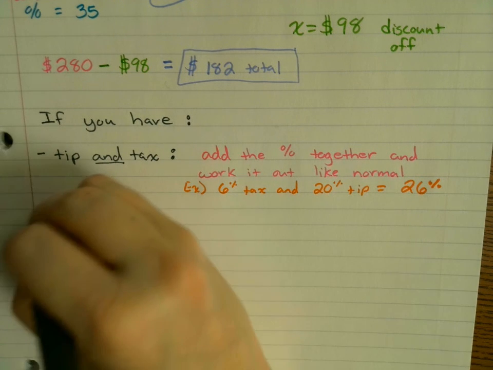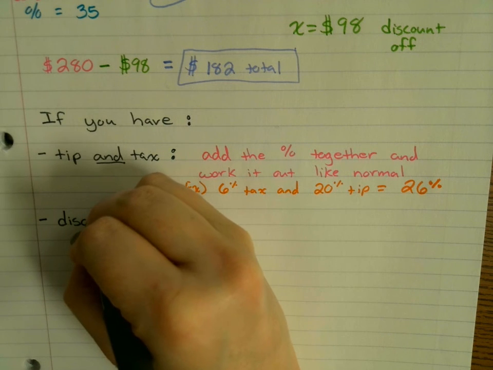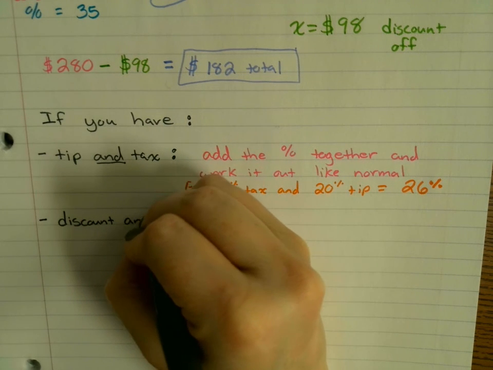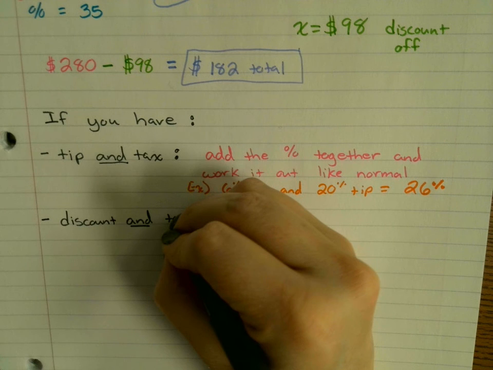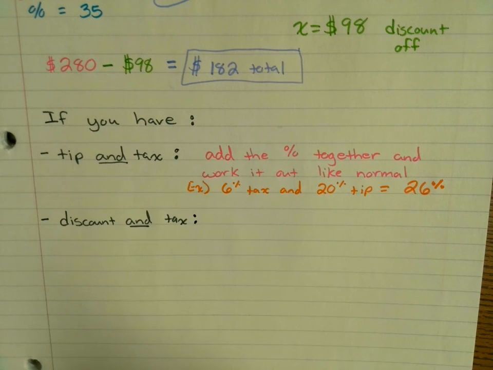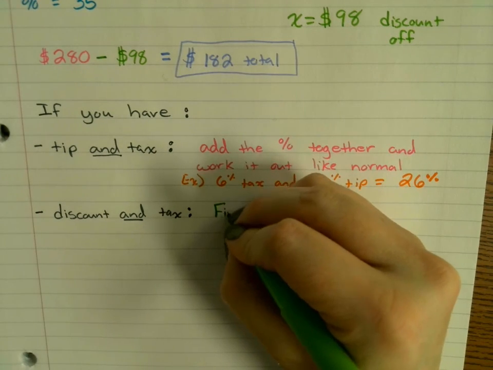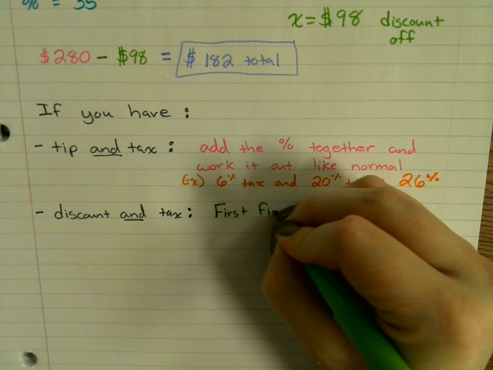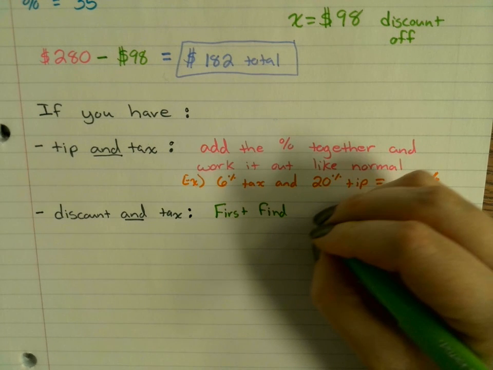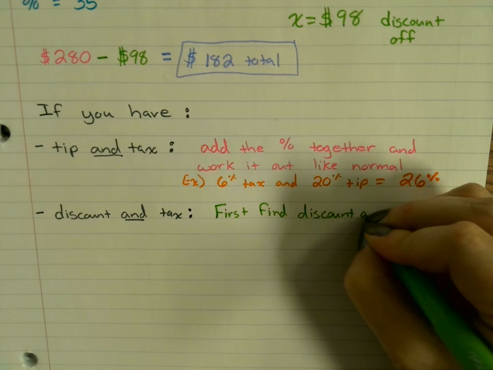Now things are a little bit different if you've got a discount and tax, or discount and tip, because sometimes you might have a coupon at a restaurant. So if you've got a discount and you've got tax, then you first have to find the discount and then subtract.